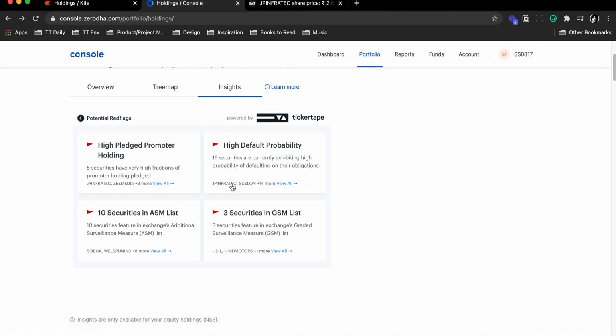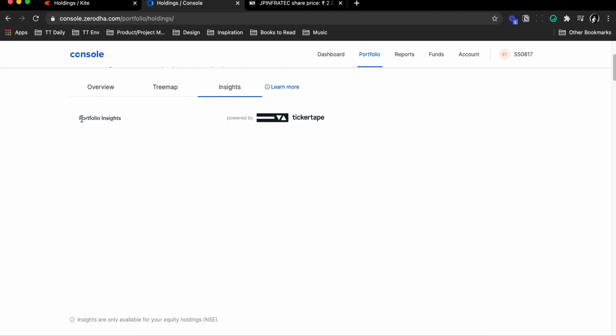Great. Now that we've gone over the potential red flags and looked at the portfolio insights as a whole, let's dig deeper and see if we can find out more portfolio insights and analyze our portfolio a bit more, right?